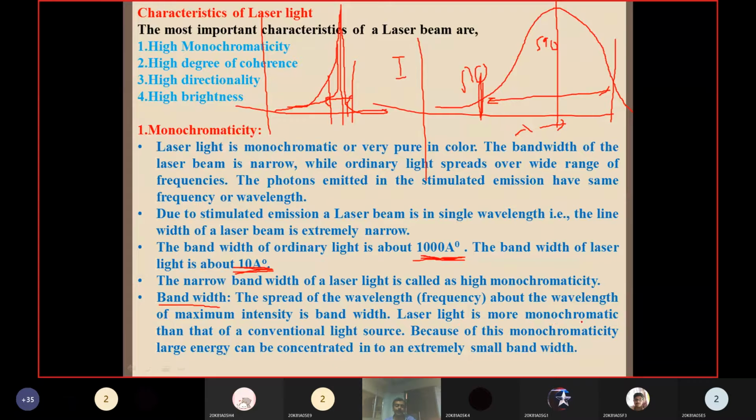Laser light is more monochromatic than conventional light sources. Because of the monochromaticity, large energy can be concentrated into an extremely small bandwidth, so a large amount of light is concentrated on a small area.